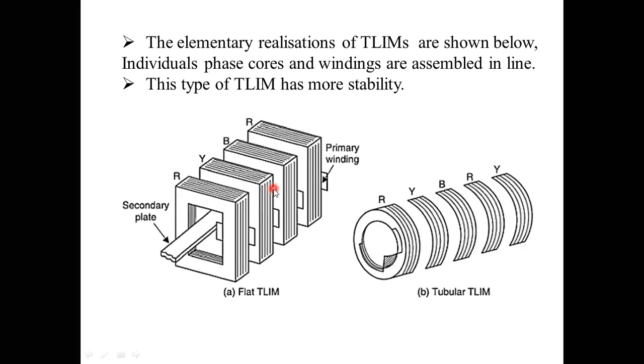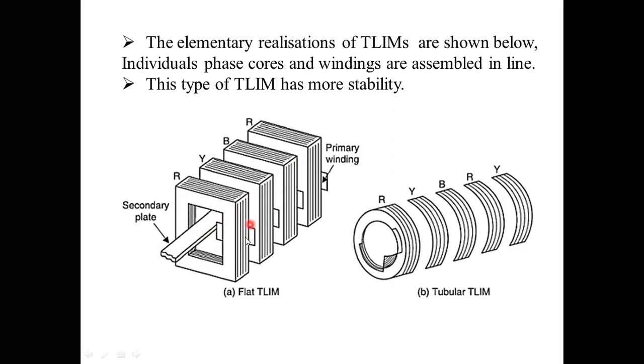Okay, so the secondary current induced by one core interacts less effectively with the flux of the other. Here, with respect to the primary, the winding is placed: one phase winding, another phase, a second phase, a third phase, like that.